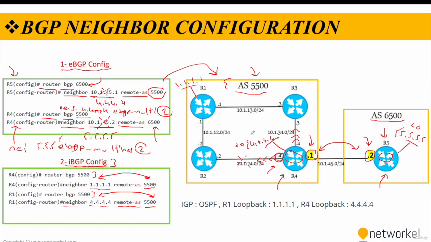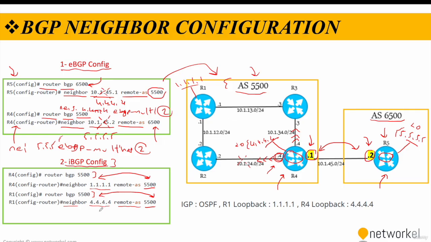That is why I always try to do my iBGP peering over the loopback interfaces, because a loopback interface is always up, so it never goes down. Even if this link goes down, my loopback interface is up, and since I still have reachability to router 1, my BGP peering will remain up.